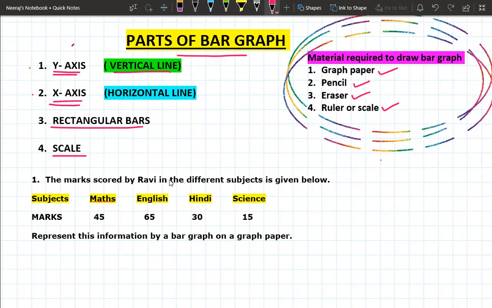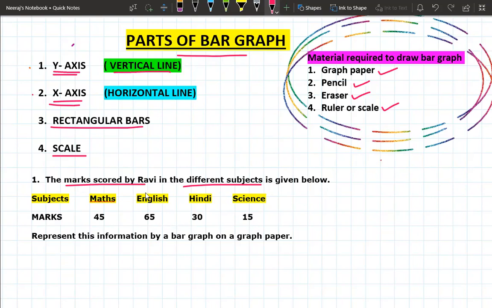Before starting a bar graph, you should have the data or information that you are representing. You have to plot a bar graph for the given data: the marks scored by Ravi in different subjects is given below.